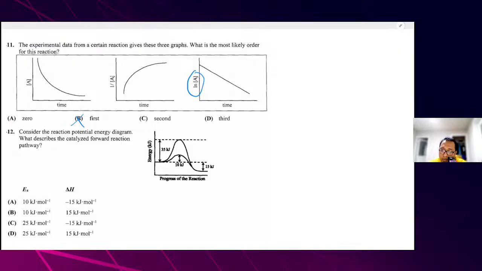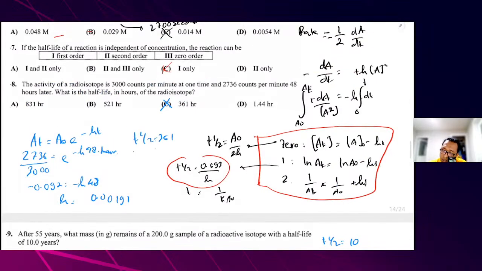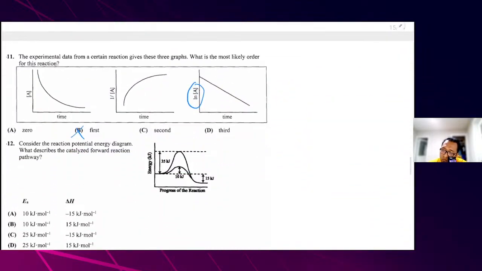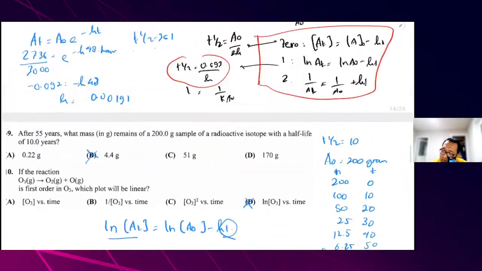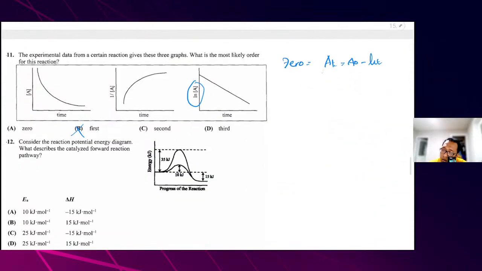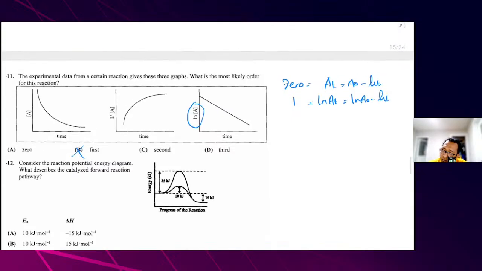Just remember this one. I want to write it again. For zero order, AT equals A0 minus KT. For first order, it should be ln AT equals ln A0 minus KT.